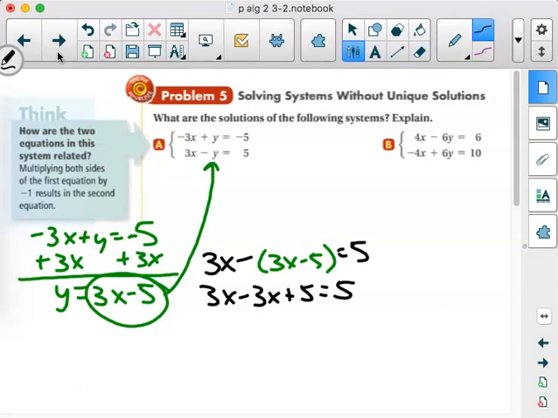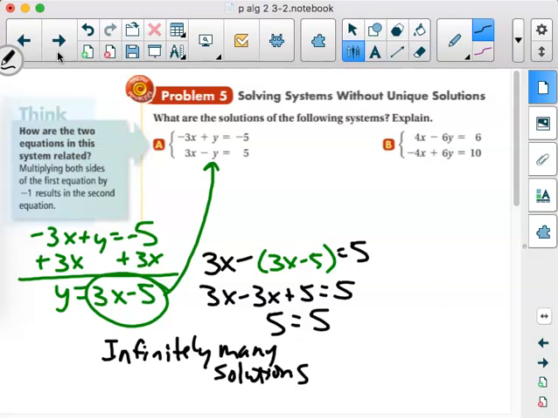Wait a second. 3x minus 3x, what's that? 0. It is 0. So this is going to say 5 equals 5. When does 5 equal 5? Always. So how many solutions is it going to have? Infinitely many solutions. Now, I want to tie that to the graph.